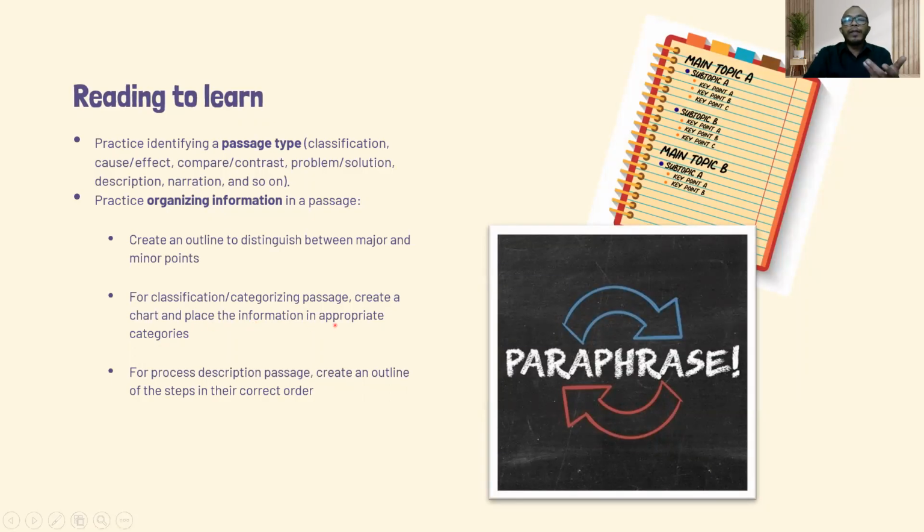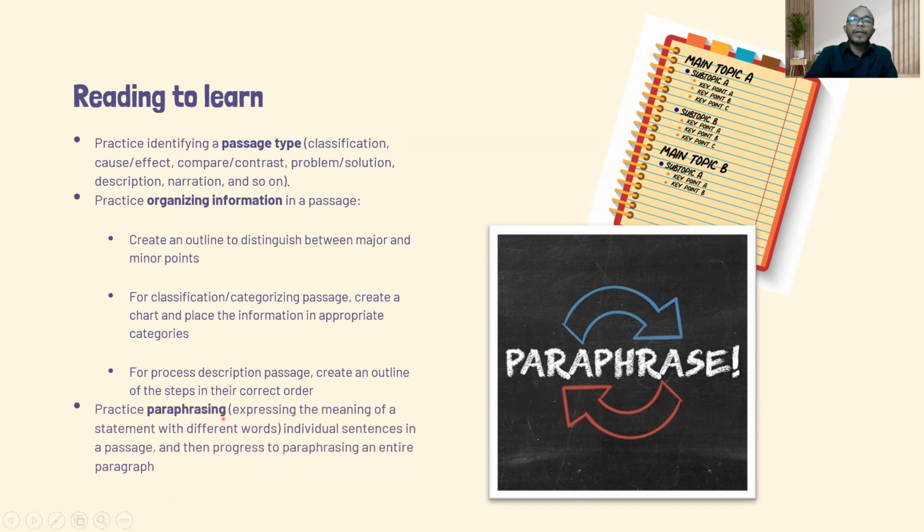And then for classification or categorizing passage, you can practice by creating a chart and place the information in each of the category or each of the column in a table that you create. And the third one here is for process description passage. So you can practice dealing with this type of passage by creating an outline of the steps in their correct order.